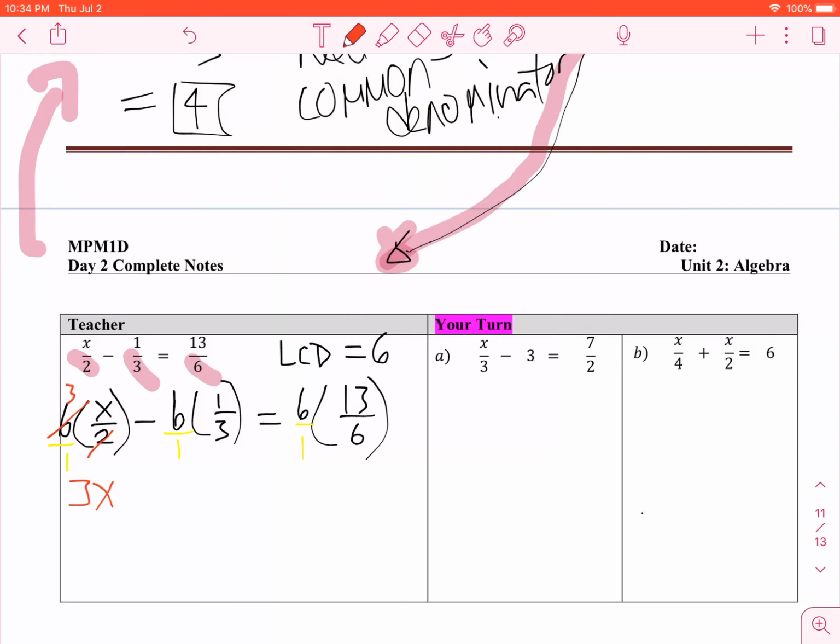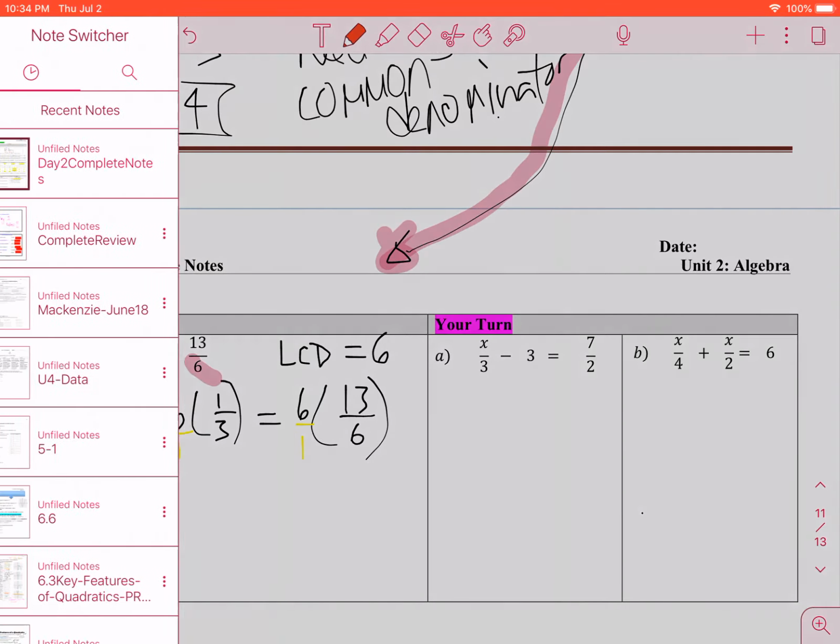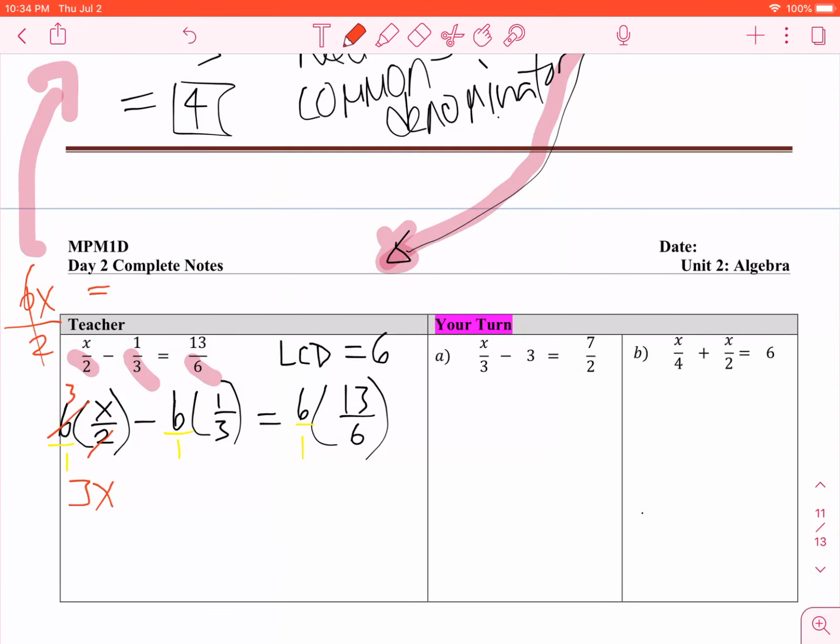Now the denominator didn't matter because either way, if I was to do this using the example that I did right above, it would just be 6x, because 6 times x, divided by 1 times 2, which would be 2, and you simplify, and that would just be 3x. So you get the same thing, just a shortcut.